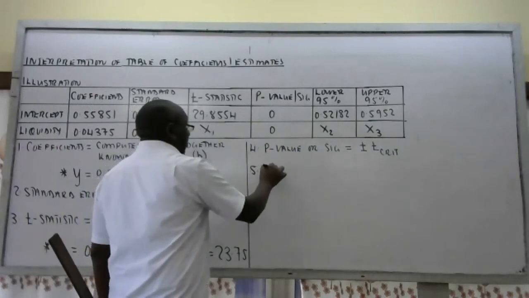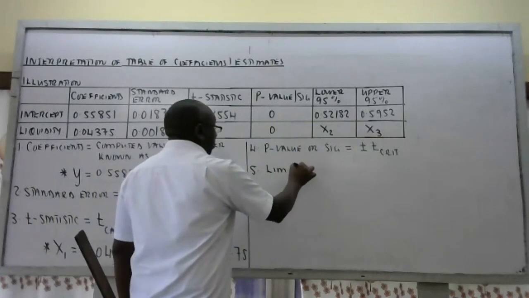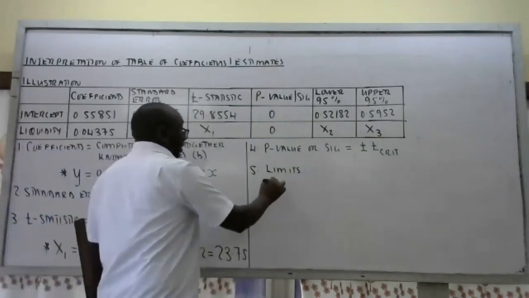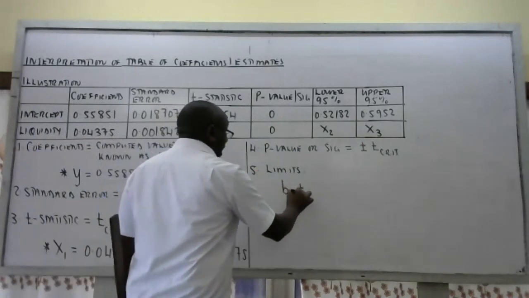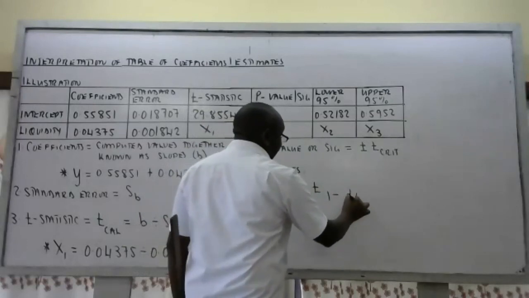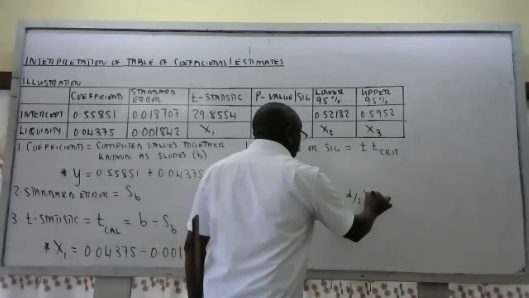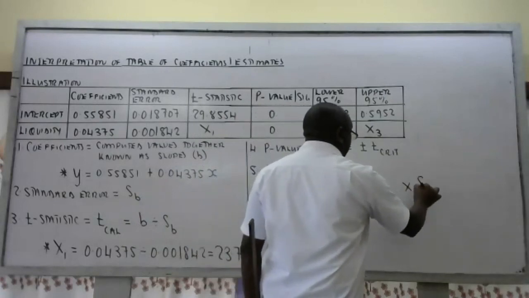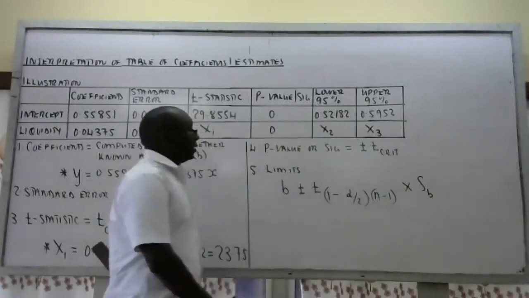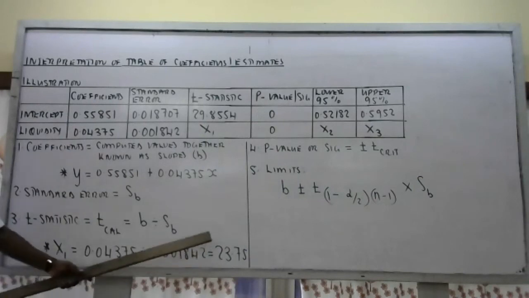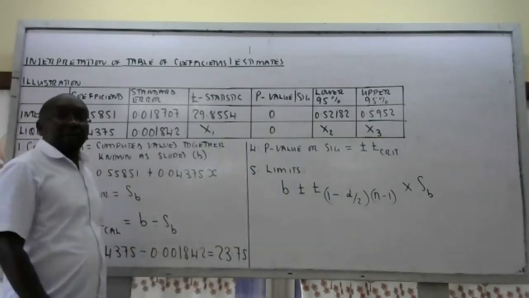Then the limits are arrived at as B plus or minus T of 1 minus alpha out of 2, N minus 1, multiplied by SB. You have the formula we learned like that, right? Yeah, so the limits.